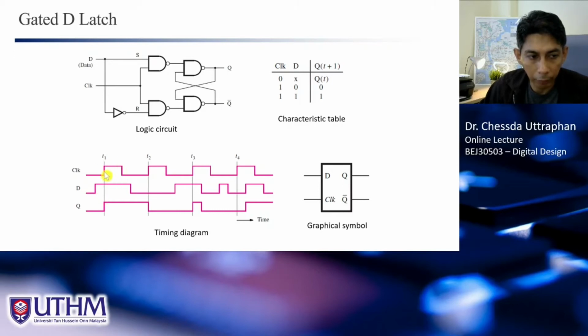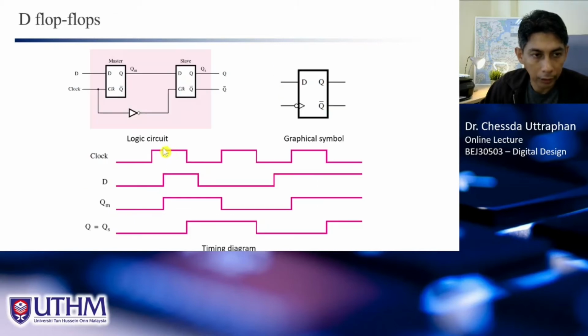For example, when the clock is active, Q will always follow D. See here, when the clock is active, we have this. But for flip-flops, it is edge sensitive, meaning the output will change level only at the clock edge, whether positive edge or negative edge.